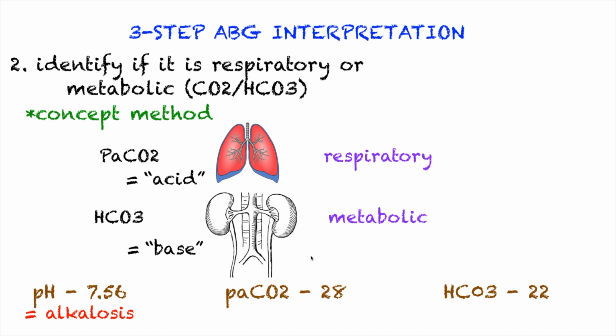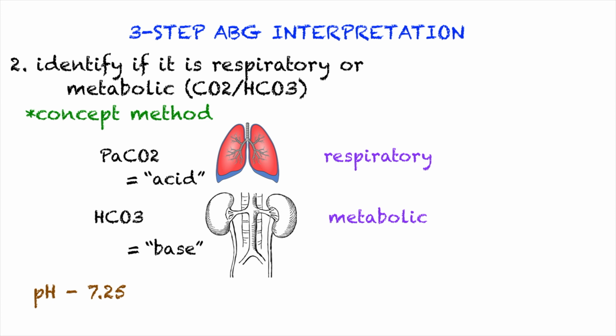It's normal. So since your PaCO2 is abnormal, we have a respiratory condition. Therefore, it's respiratory alkalosis. And if you look at the PaCO2, we don't have enough acid in our blood. That means it's making our blood more basic. So respiratory alkalosis will make sense. And of course, our bicarbonate is normal.